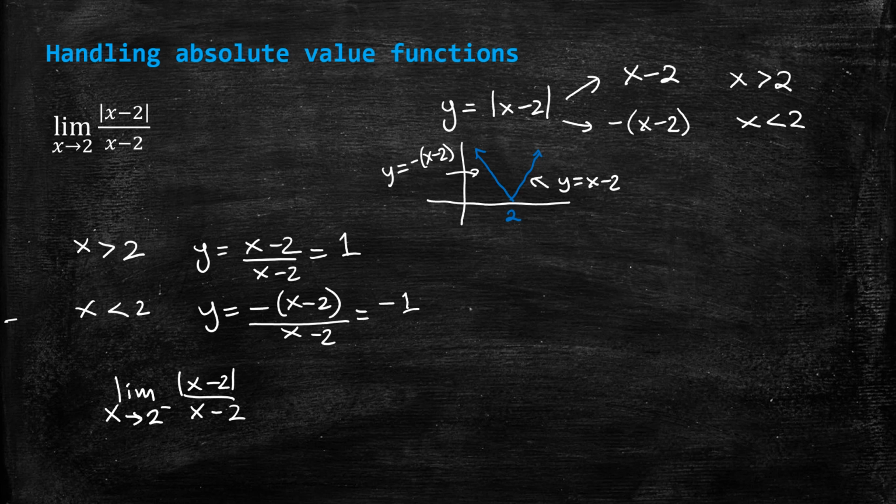And that's this case, when x is less than 2. So we know that limit will be -1. The limit from the right, which is we're looking at this expression, will turn out to be +1. And because the limits from the left and the right do not match, we know that this limit does not exist.